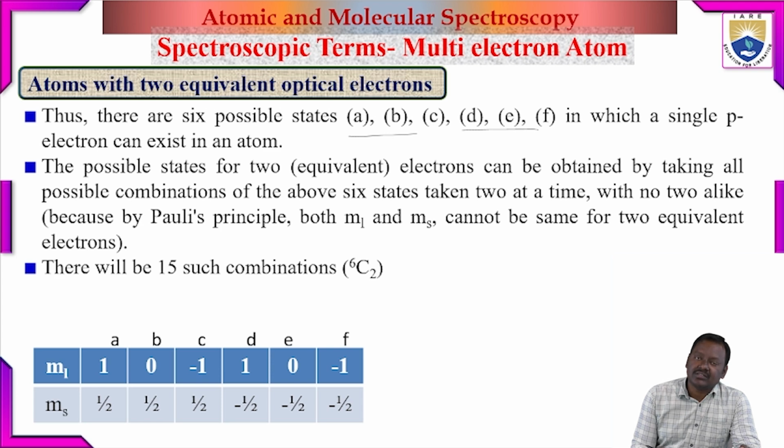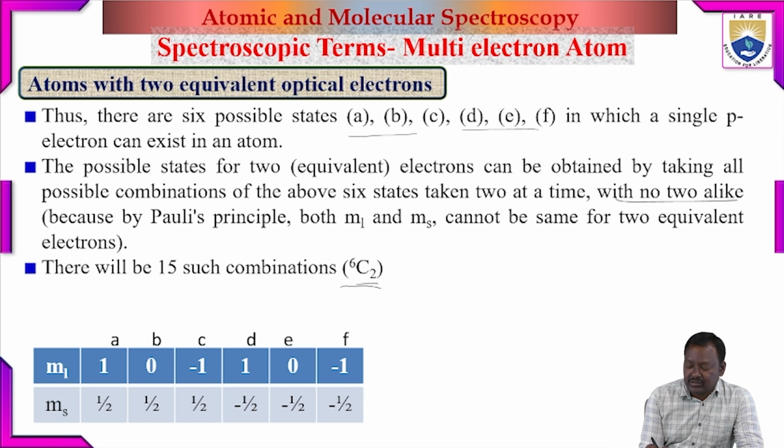Two combinations of these states are required, and the electron states should not be the same, so there could be 6C2 combinations, with no two alike. Because 6C2 means the possible combinations.